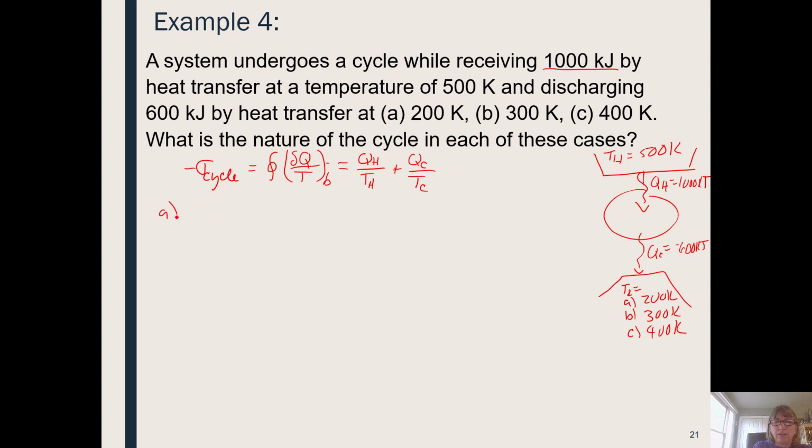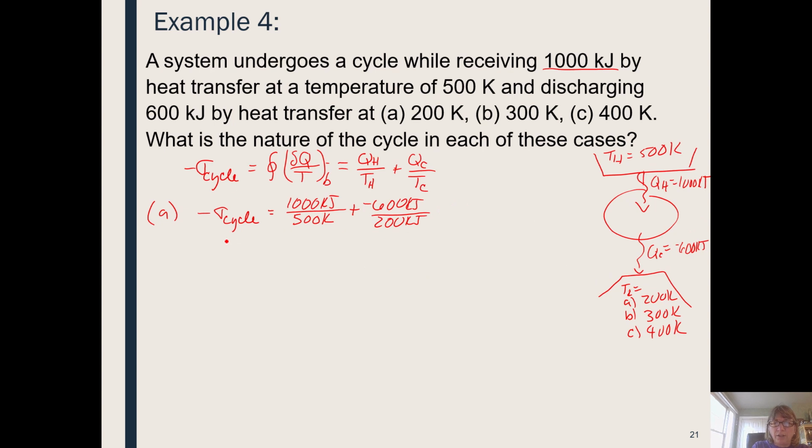So let's look at this for A. Our Clausius inequality is going to be 1,000 kilojoules divided by 500 minus, because I'm taking into account the minus 600, or I can leave it here, 600 kilojoules all over 200.